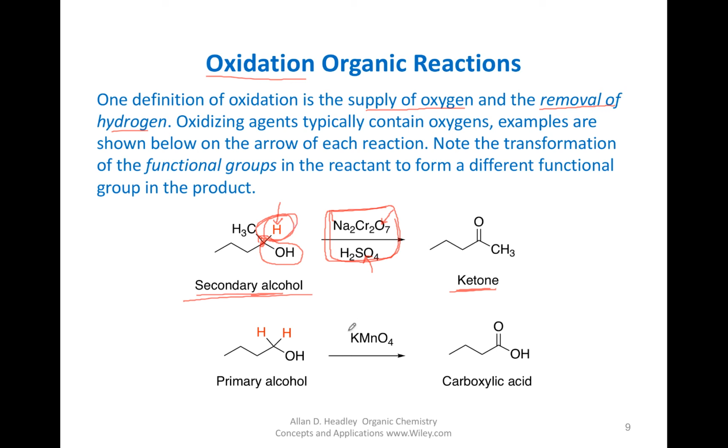Same here. KMnO4 is a strong oxidizing agent for oxygens. Here this is a primary alcohol. Here's the alcohol functionality. It has one, two hydrogens on that carbon that has the OH.